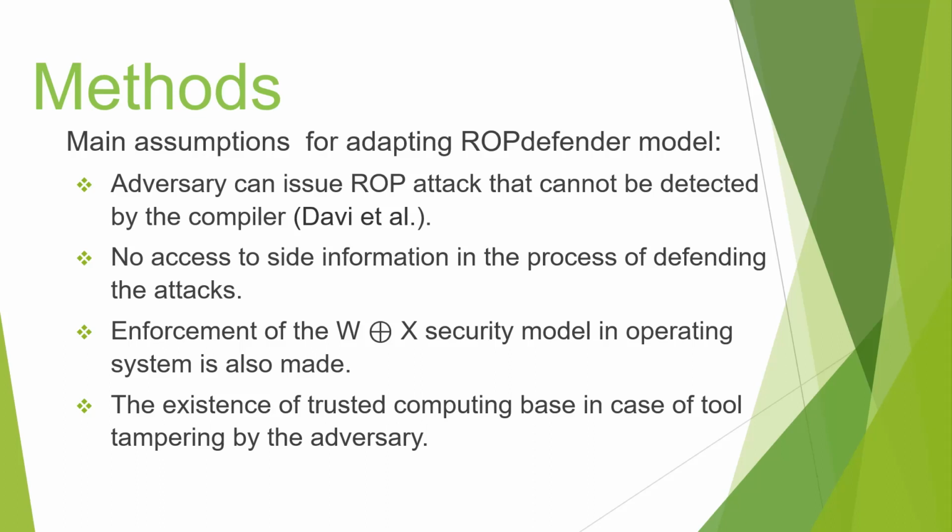Another assumption was no access to side information in the process of defending against the attacks. Moreover, enforcement of the W+X security model in the operating system is also assumed. Lastly, the existence of a trusted computing base in case of tool tampering by the adversary.